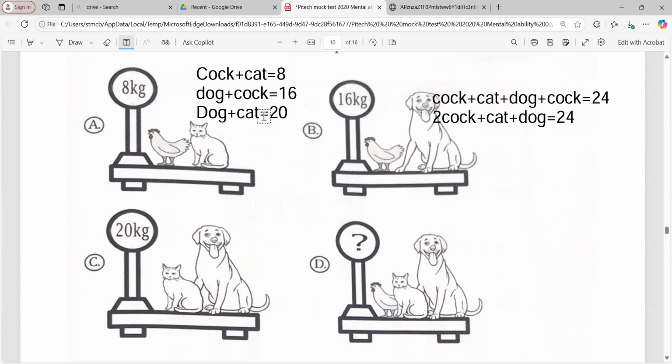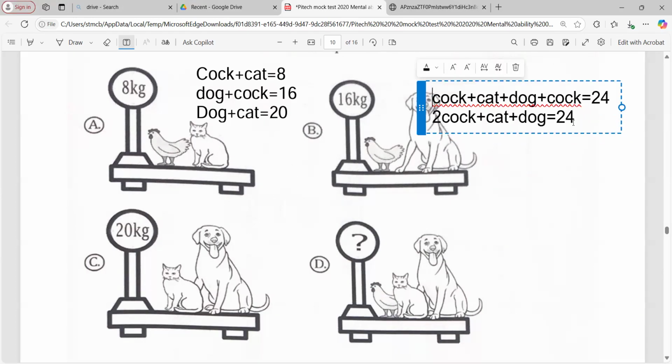So out of this 24, the remainder would be the 2 cock. So 2 cock is equal to 24 minus 20, because that's what the cat and the dog weigh. So 2 cock is equal to 4.